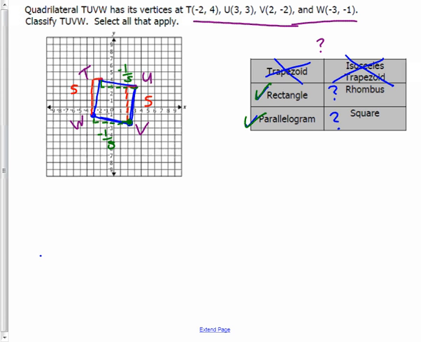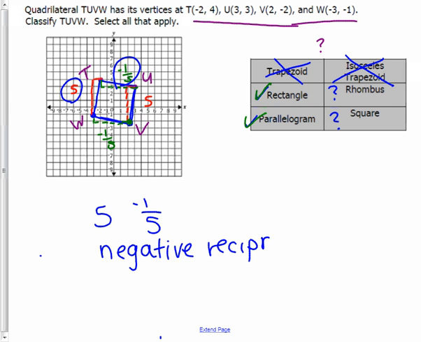And we also know that these slopes, positive 5 and negative 1/5, are negative reciprocals. Do you remember learning about that? These are negative reciprocals because I have a flip and switch, right? This is 5 over 1, negative 1 over 5.